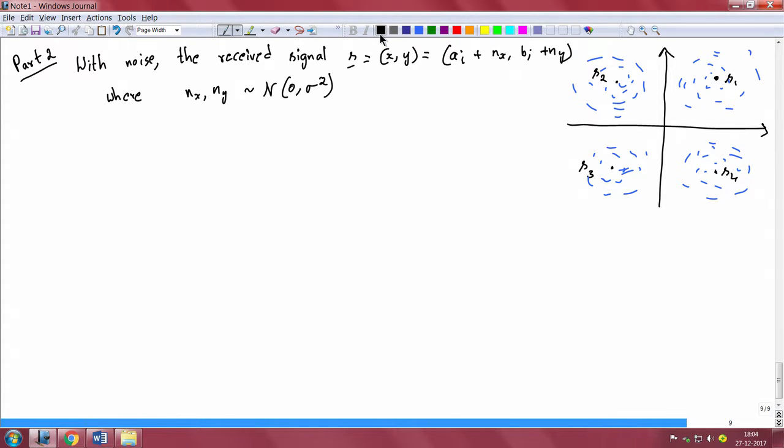So, for optimal detection what we need to do is maximize the a posteriori probability. This is the criterion that we choose.